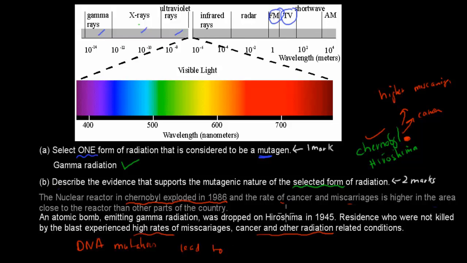Because here I just said that there are high rates of cancer and miscarriages, but I haven't really linked those to mutations, which is what the question is actually asking. So how do mutations lead to high rates of cancer and miscarriages? Because a change in DNA produces a different protein, and that results in problems. I should have written that as well.